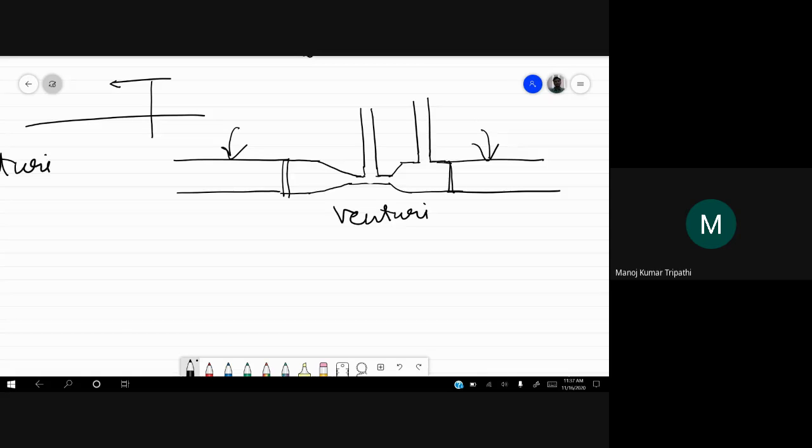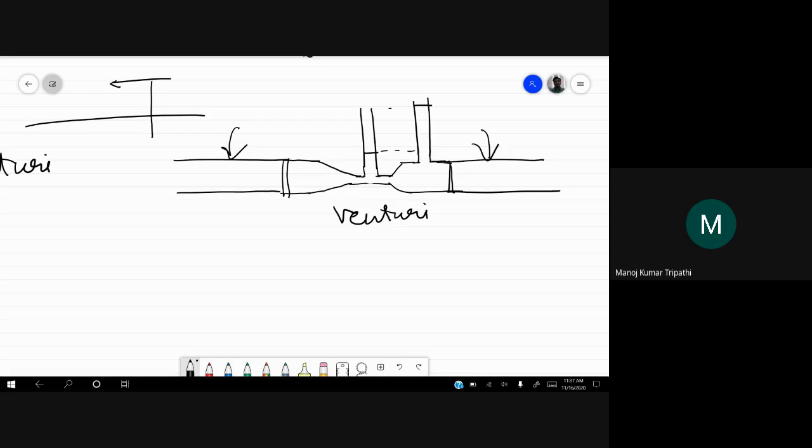Okay, and because we know this diameter ratio of the thin section and the thick section, we can measure the velocity in the pipe. Okay, so based on the Bernoulli equation, we know that when the cross sectional area reduces, velocity increases. That is from the continuity equation. And when the velocity increases, the pressure reduces from the Bernoulli equation. So here you will have a low pressure, so the fluid will rise less here, and here there will be a high pressure region, so the fluid will rise more.